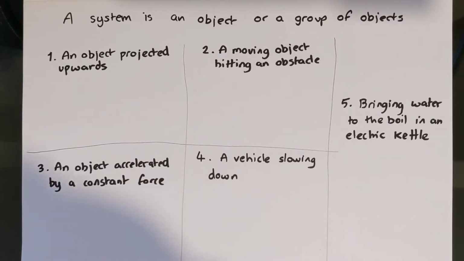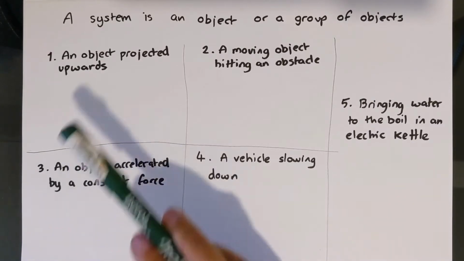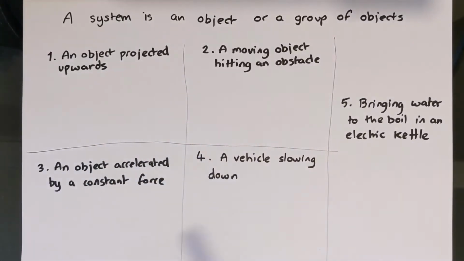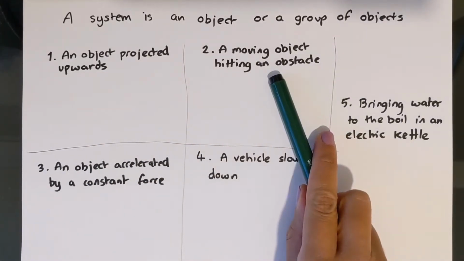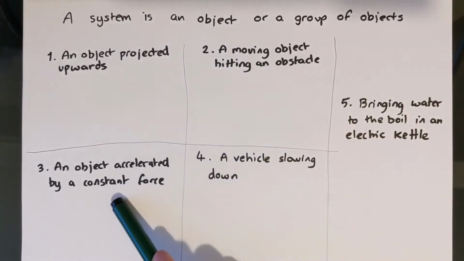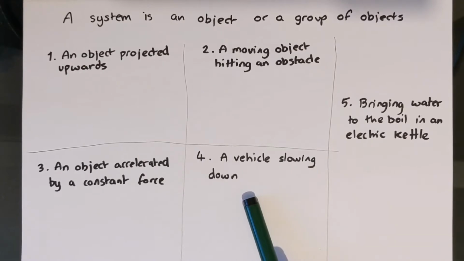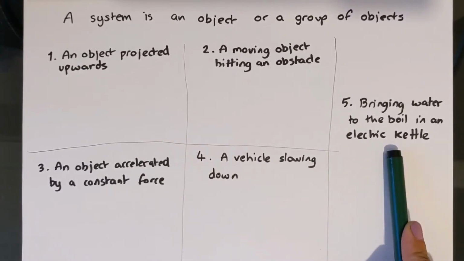Students should be able to describe all the changes involved in the way energy is stored when a system changes, for common situations, for example, an object projected upwards, a moving object hitting an obstacle, an object accelerated by a constant force, a vehicle slowing down, and bringing water to the boil in an electric kettle.